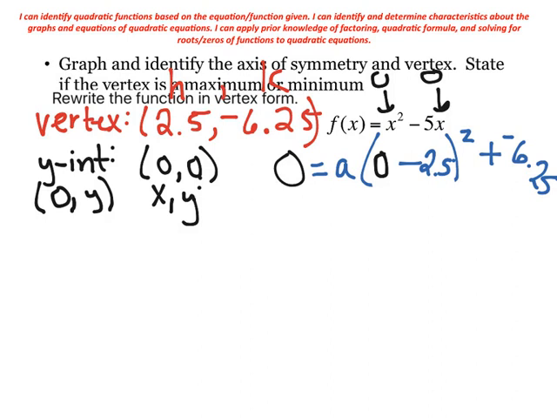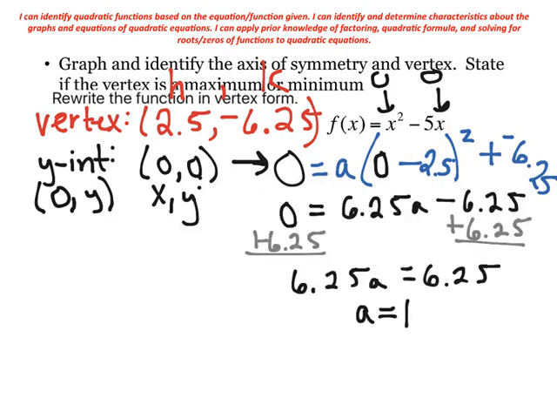Now from there, I want you to pause the video and solve for the a term, because that is the biggest chunk of finding and writing an equation in vertex form, is finding that a term. So pause this video and find your a term. Simplify this algebraic statement and solve for a.